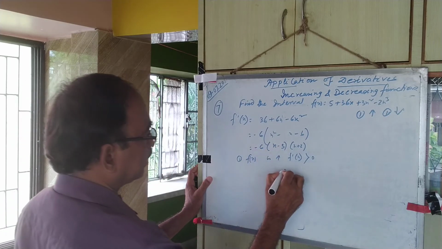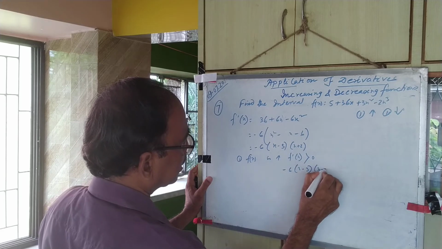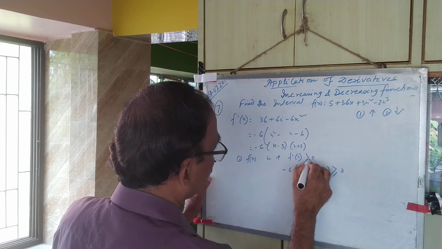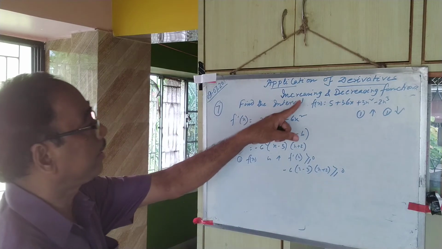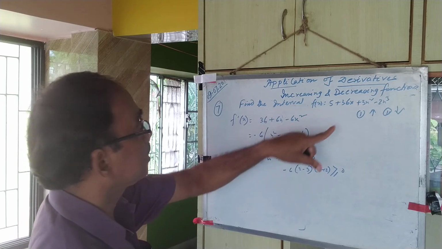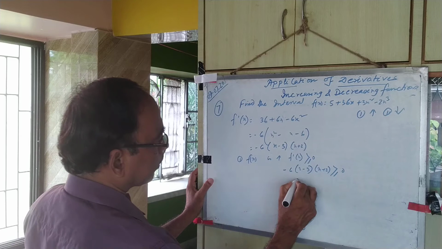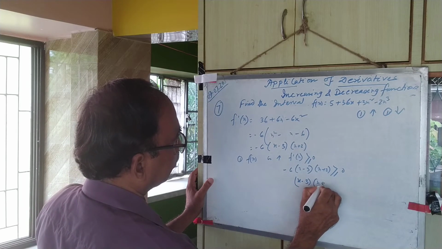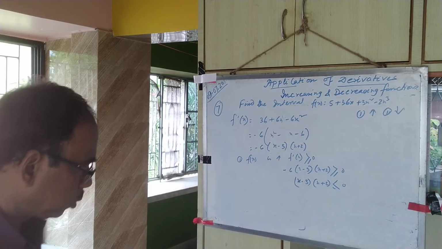Therefore this should be greater than 0. Minus 6x minus 3x plus 2 should be greater than or equal to 0. It is only increasing, not strictly increasing, so greater than or equal to 0. Therefore, (x minus 3)(x plus 2) should be less than or equal to 0.